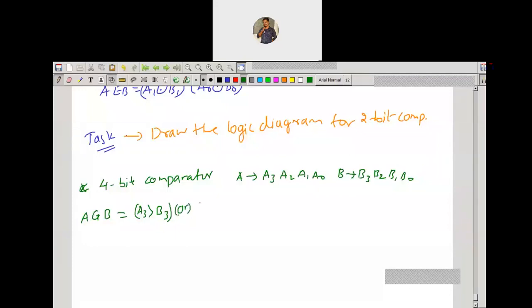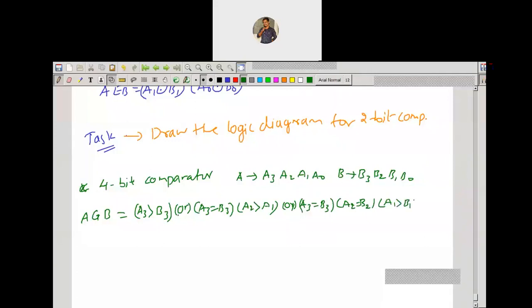or, when A3 is equal to B3 and A2 is more than B2, or else one more possibility, A3 equal to B3 and A2 equal to B2 and A1 is more than B1.